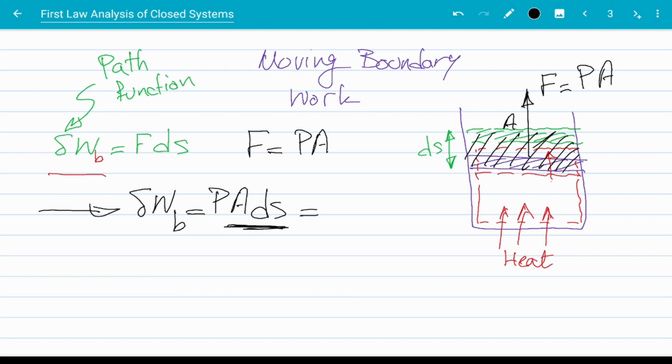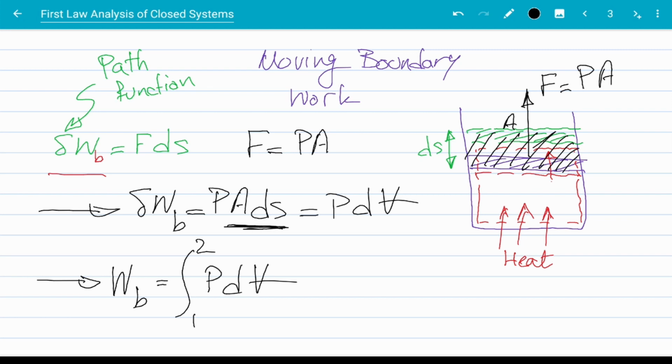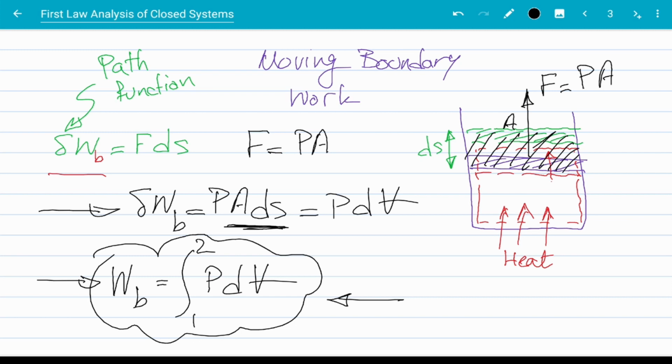So this equation can be rewritten as P dV. If I make an integral, I will get the boundary work of a process going from state 1 to state 2 is actually the integral from 1 to 2 of P dV. This is the moving boundary work, or simply boundary work.